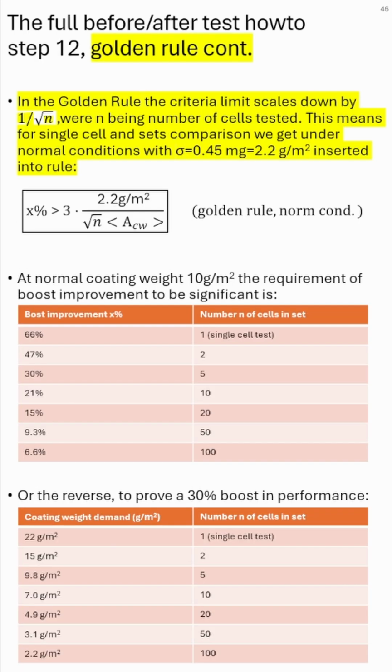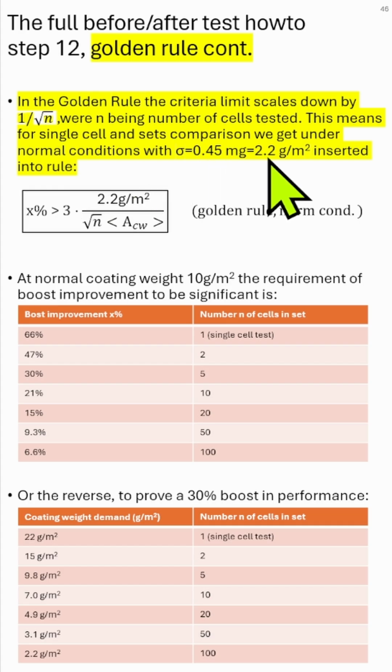The full before-after test how-to, step 12, the golden rule continuing. So in the golden rule we just derived, we see that the criteria limit drops by 1 over square root of n for the number of cells being tested. So into this rule we can put in the normal conditions that we have when the standard deviation is 0.45 milligram, which corresponds to 2.2 grams per square meter.